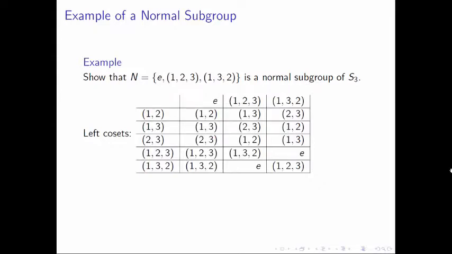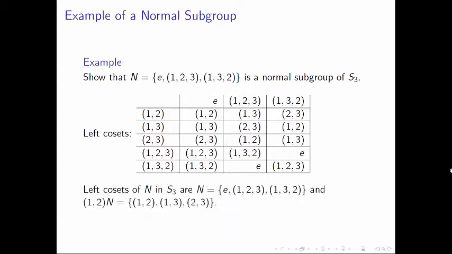If we go to the Cayley table and compute our left cosets of this subgroup in G, the way we've been doing this is listing the elements of the subgroup across the top and the elements of the group going up and down. So the rows and the columns are the elements of the subgroup. If we go through and use the Cayley table and do this computation, we notice that the left cosets of N in S3 are our original subgroup N and this other coset.